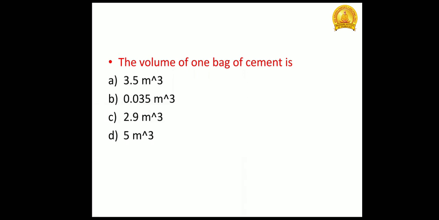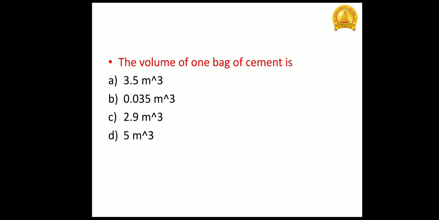So next one is the volume of one bag of cement. As I have discussed in the previous slide, the density of cement is 1440 kilogram per meter cube, isn't it? So the volume of one bag of cement is 0.035 meter cube. How will we arrive at that value?